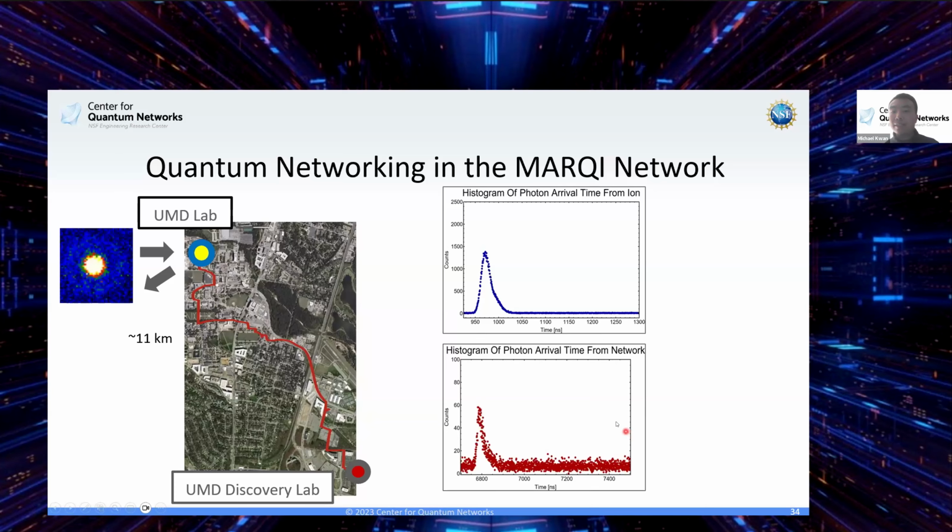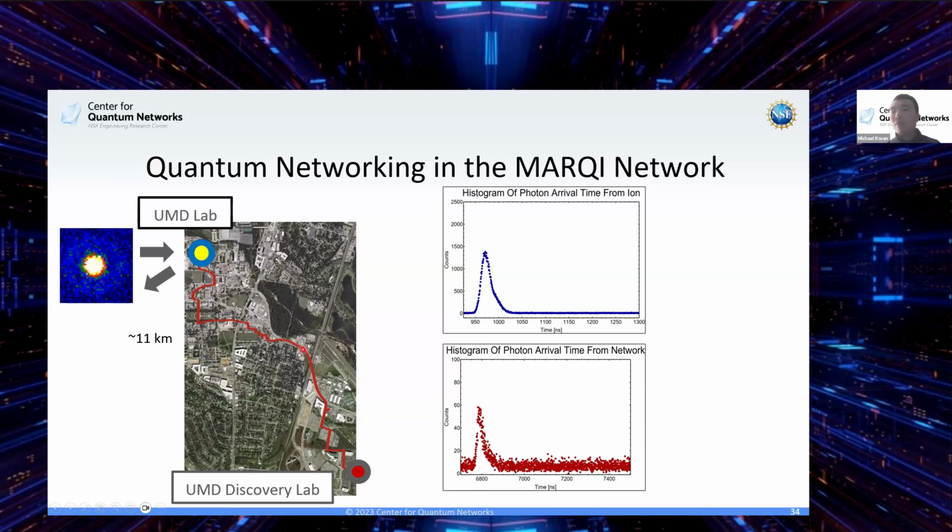However, we do notice that there's a 7 dB loss, which is greater than the expected fiber loss throughout the 11 kilometers. And we know it's due to some butt couple connections or splice connections in the fiber.